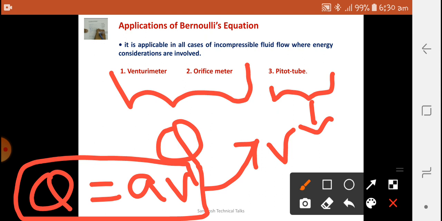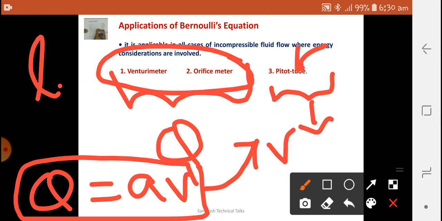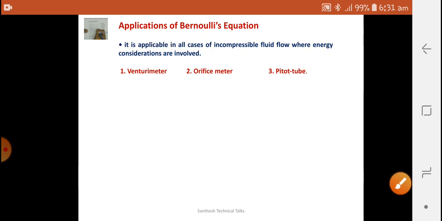And one more thing: in the Orifice and Venturimeter we normally use liquids, whereas the Pitot tube normally uses gases. This is an important thing to know. A Pitot tube cannot measure the velocity of a liquid. So you have to notice that the gas velocity can be easily measured by means of a Pitot tube. I hope you are clear about the applications of Bernoulli's equation.